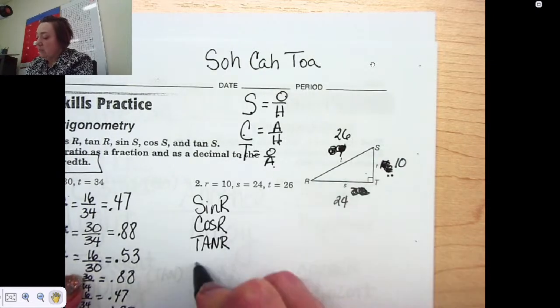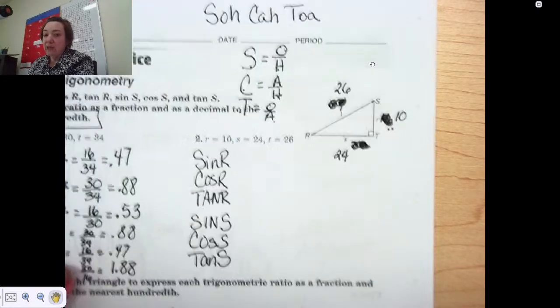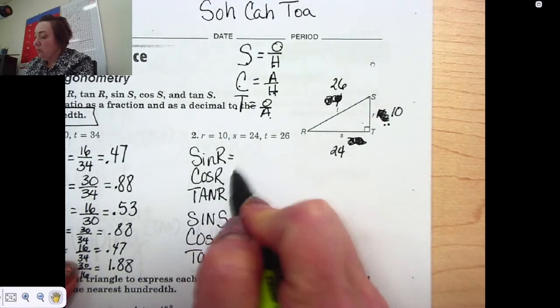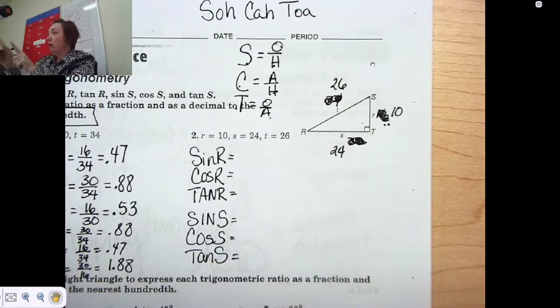And then you're going to find the sine of s, the cosine of s, and the tangent of s. So you're still finding the same stuff. You're just doing it with different numbers this time. Okay? So I'm going to let you work, and I'm going to work on mine, and then we'll see how you did, okay?